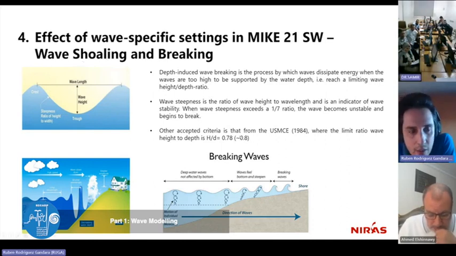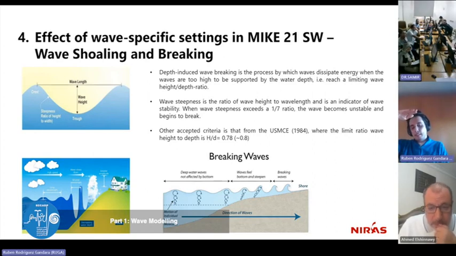Yes, going back to Mike. Mike has an option to define the limiting ratio that sets the maximum water depth you will allow in your model for your wave to exist.